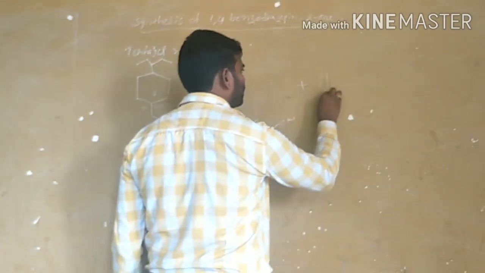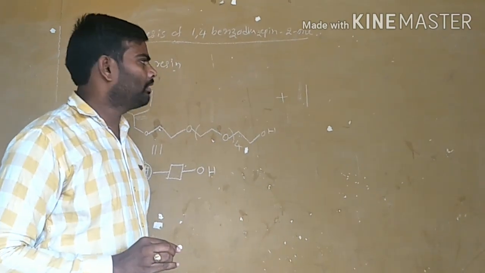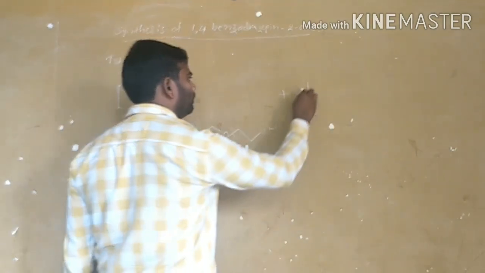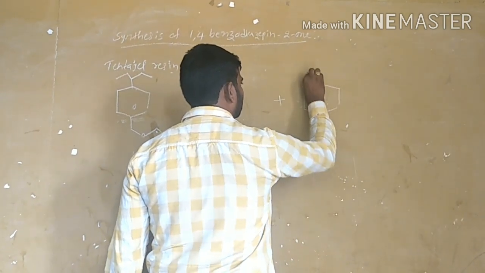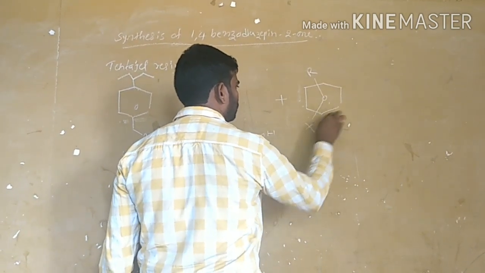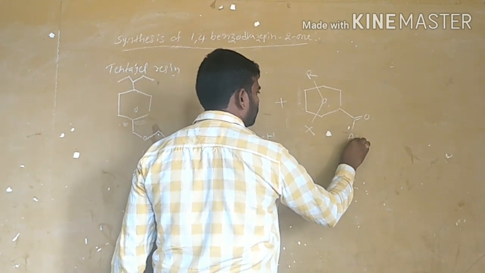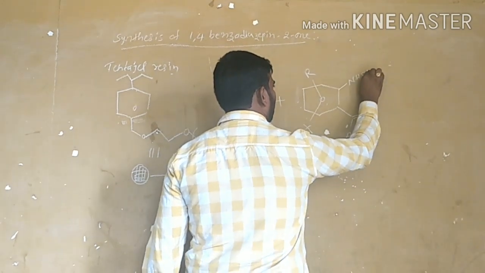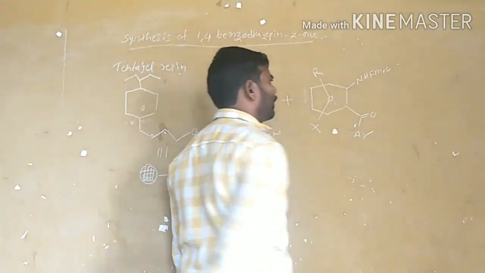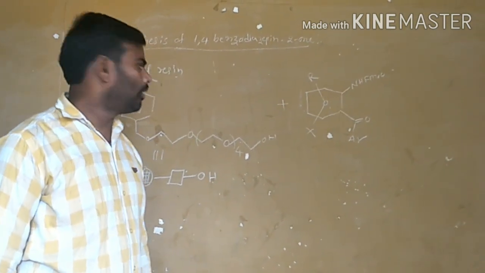For this resin, we are taking a starting material, the substrate molecule, an aromatic ketone compound. This is NH-Fmoc. This is a protecting group, the protected amine group of this aromatic ketone compound.